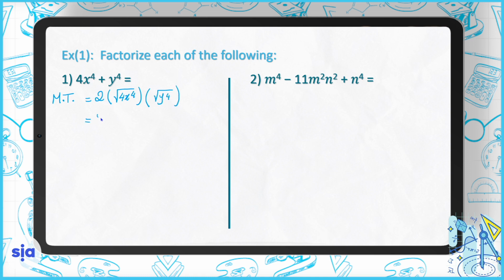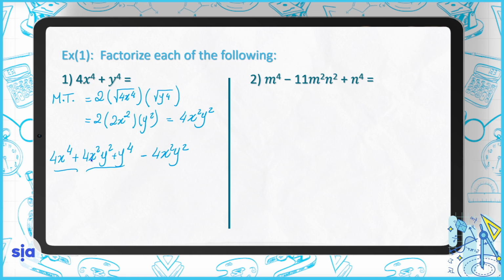So it is 2 multiplied by 2x squared multiplied by y squared, which is 4x squared y squared. After that, we're going to add this as a middle term and also subtract it again to make the equation as it is.